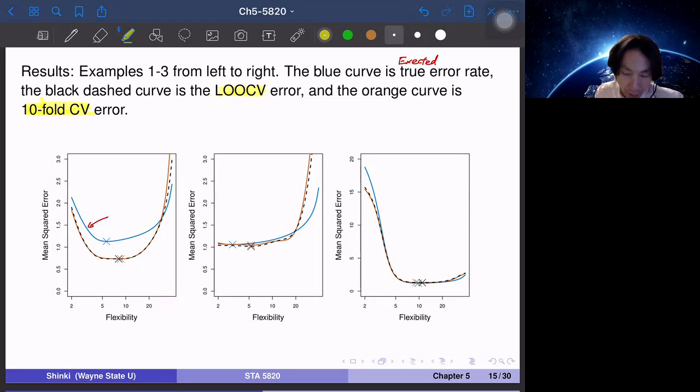But the true expected error rate is different from this. These ones are similar and these ones are similar, but in this one our cross-validated error is much smaller than the expected error size. Why? This is because of luck.